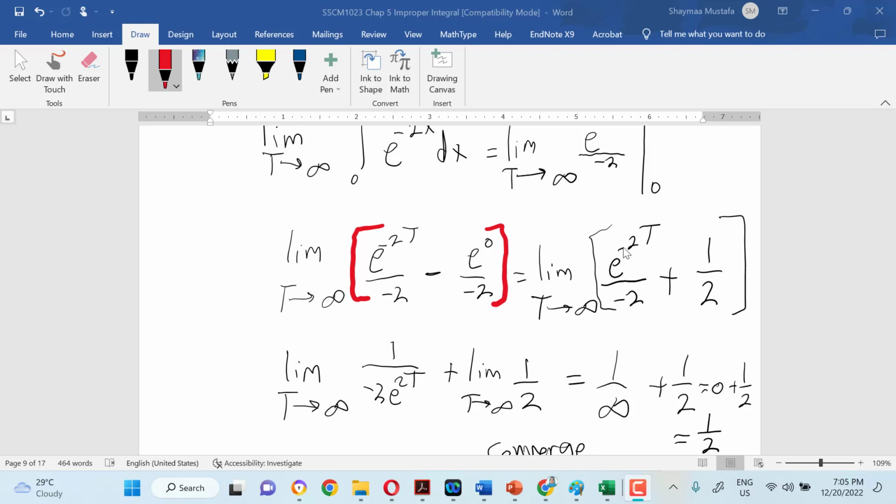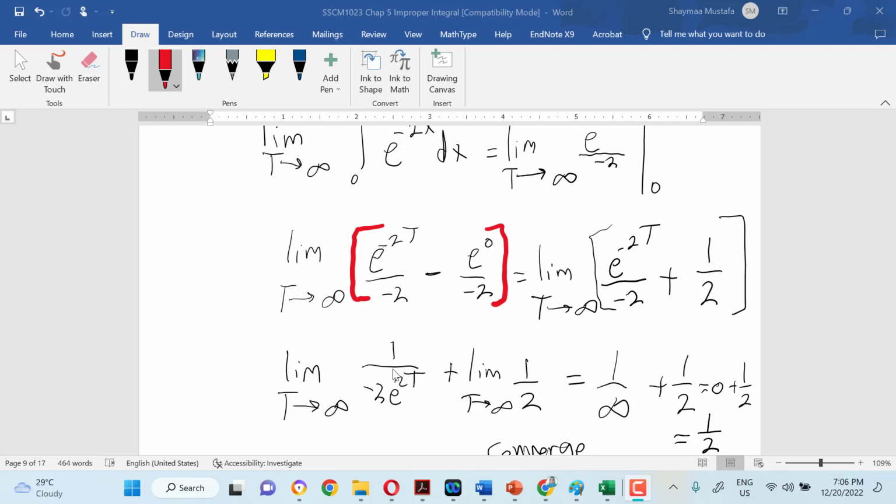But this one is minus 2t, so we can bring it below: 1 over minus 2 exponential 2t. Plus the limit of the constant, 1 over 2.